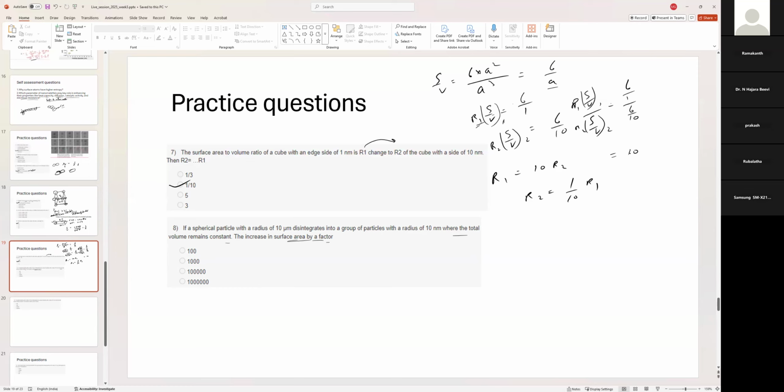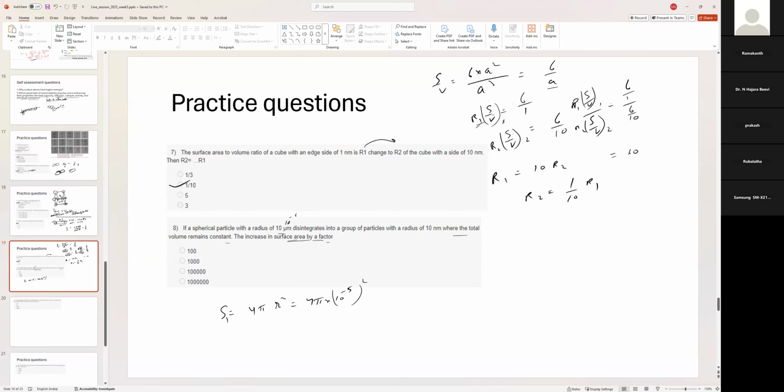So you have a particle of radius 10 micrometer, so surface area is 4 pi r squared, which is 4 pi times 10 to the power minus 5 squared. This is your initial surface area.